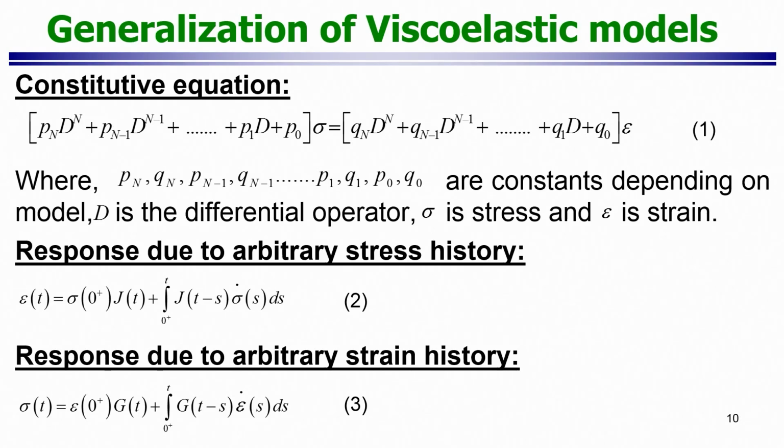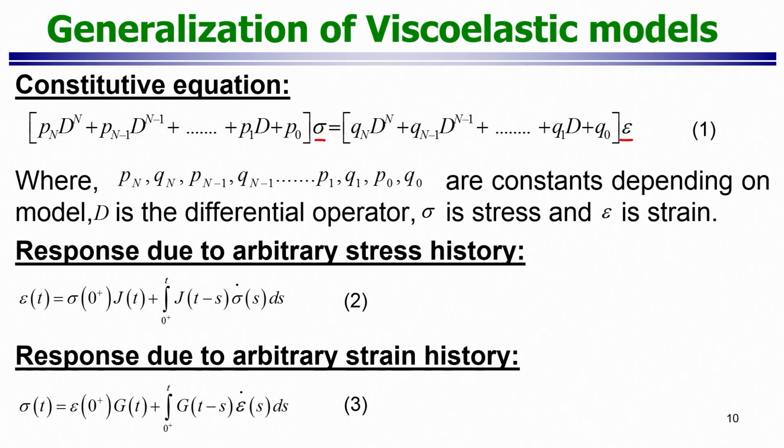With the last part that we discussed, the use of n springs and n dashpots helped us arrive at a general constitutive equation, where the stress and the strain are related in a polynomial type of form.